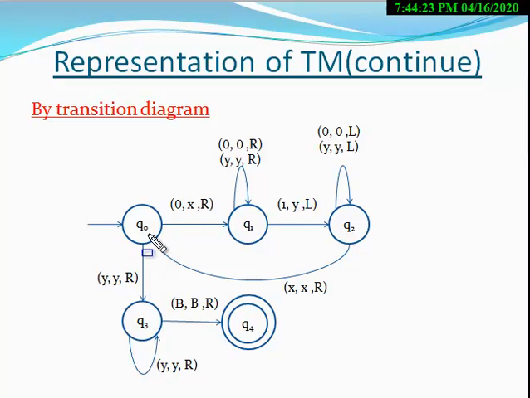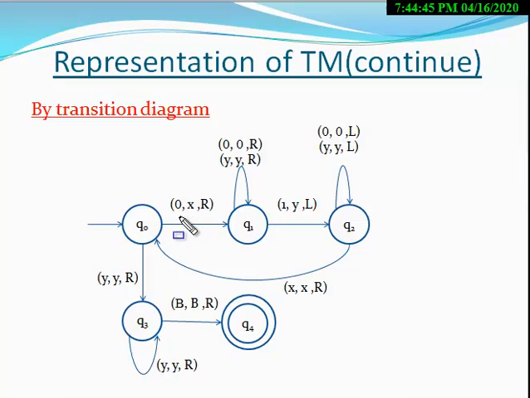At the state Q0, when tape symbol 0 appears in the tape, then the machine moves from Q0 to Q1 state. The first action: the state changes from Q0 to Q1.